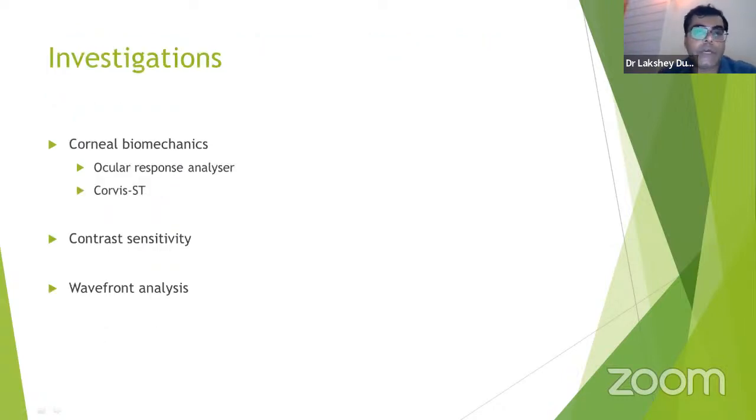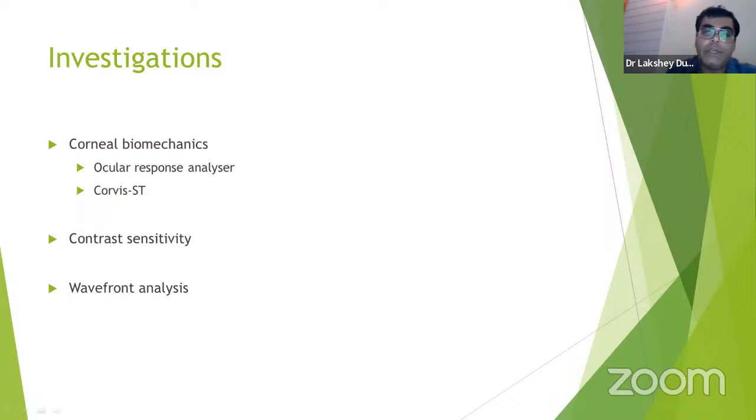Other investigations are corneal biomechanics, for which we use the Ocular Response Analyzer or Corvis ST, which is nowadays used. So Corvis ST gives us two main things, which are CBI and TBI. CBI is the Corvis Biomechanical Index, which gives an index about the biomechanical properties of the cornea.